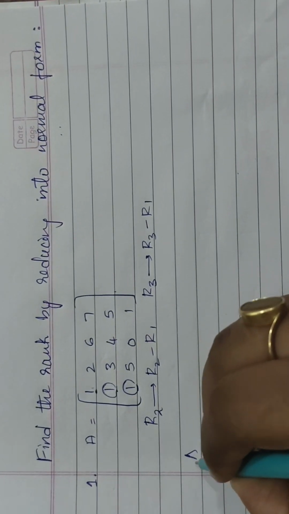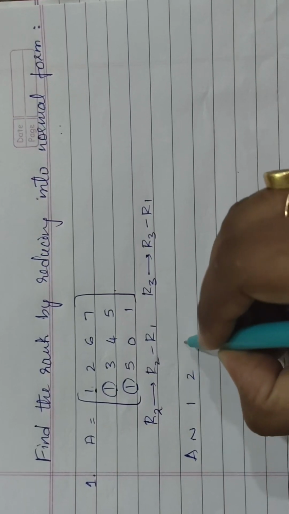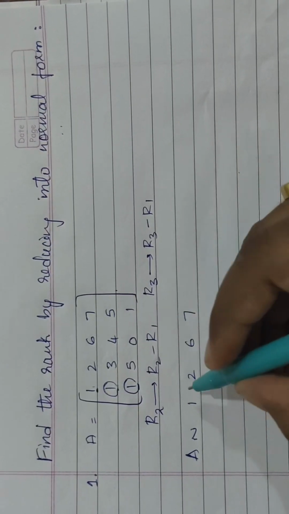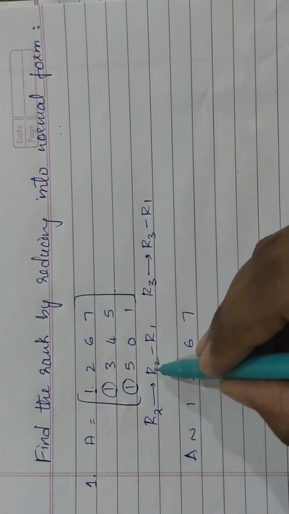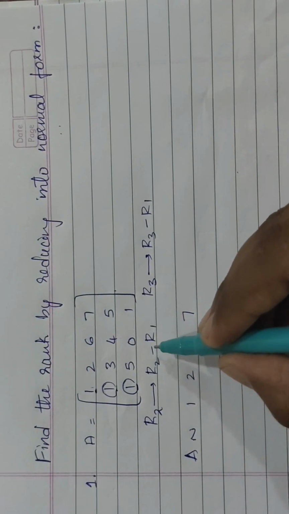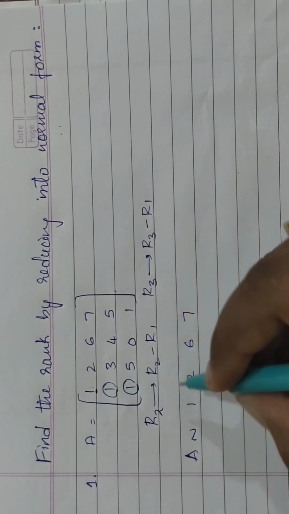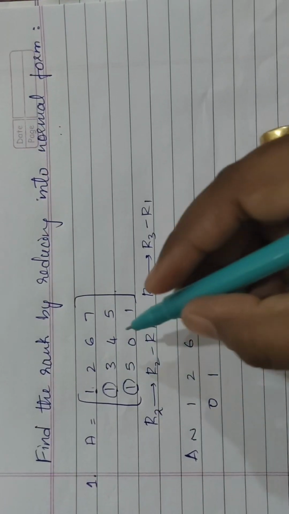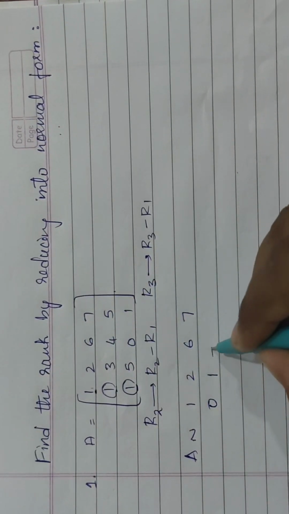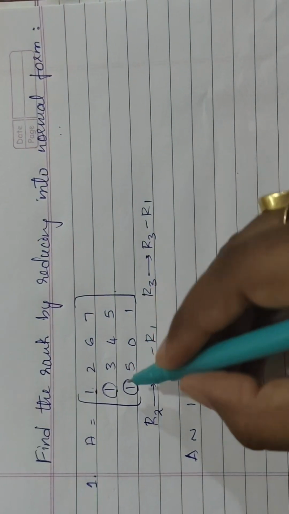If I use this transformation, A is now equivalent to 1 2 6 7, as there is no transformation for row 1. R2 changes to R2 minus R1, so it is 1 minus 1 is 0, 3 minus 2 is 1, 4 minus 6 is minus 2, 5 minus 7 is minus 2.